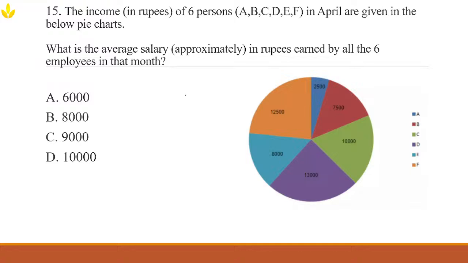In rupees earned by all the six employees in that month. So the income of all the employees is already given. So we will add all the incomes and we will divide it by 6 because there are 6 persons, and we will take the average of this value.